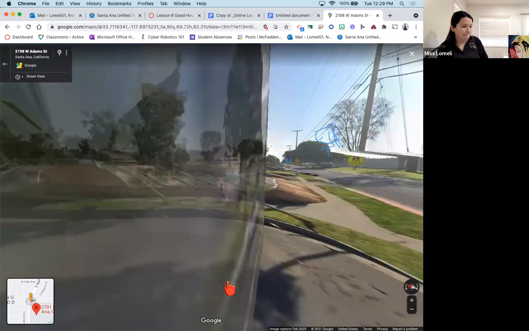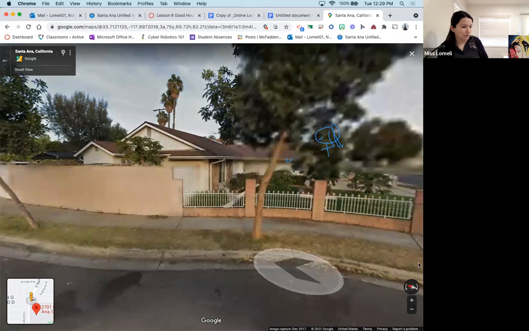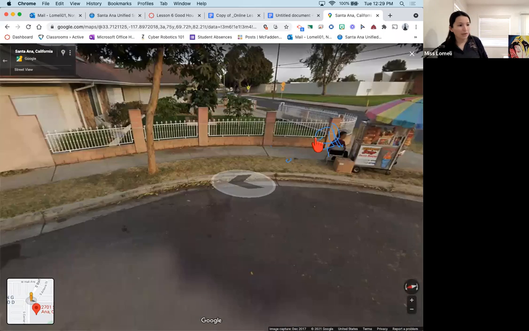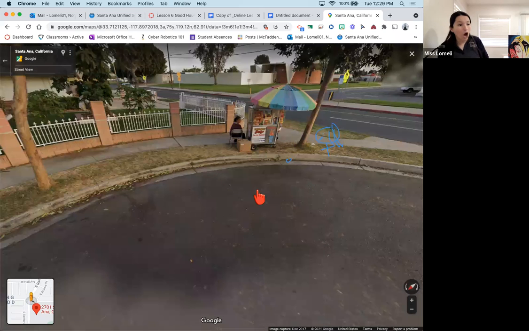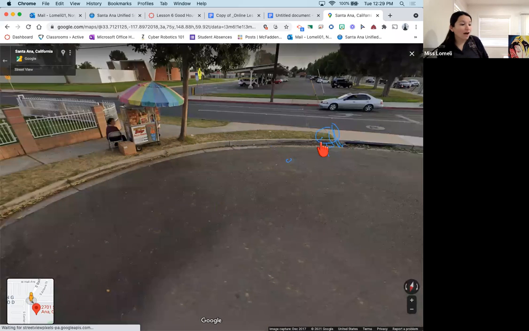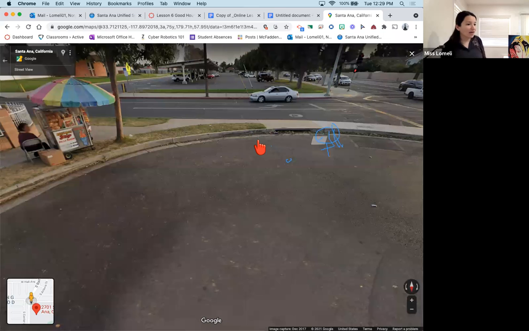Okay. Let's see. Is there a storm drain on this side? You see, now we have the paletero, which brings its own. There is. Oh my gosh. Quick, hurry, choose this one.